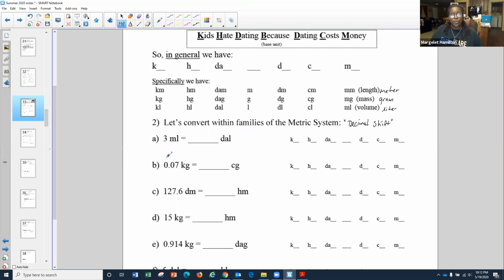Now they want us to go from 3 milliliters. They want to know, how does it convert to deciliters? Now look at this structure. They're talking about liters. That line represents where you're going to put your L. So let's put our L.